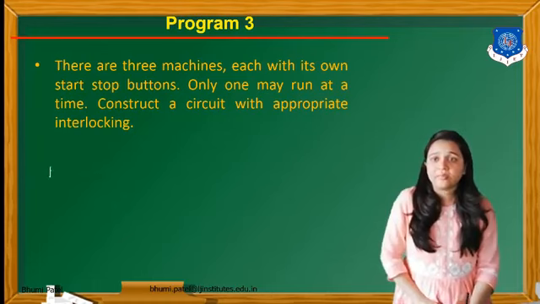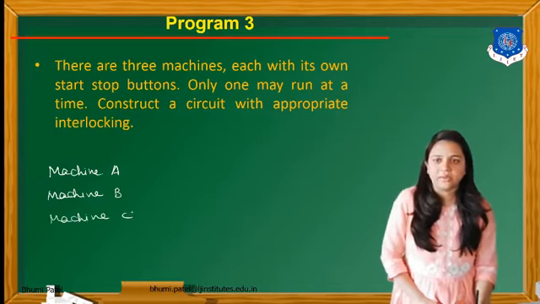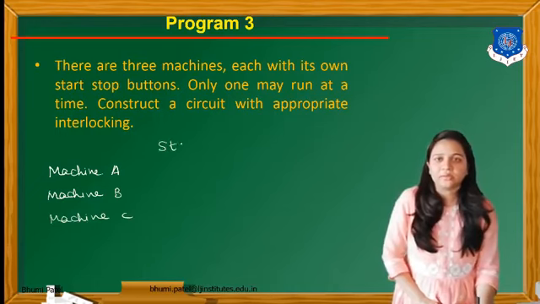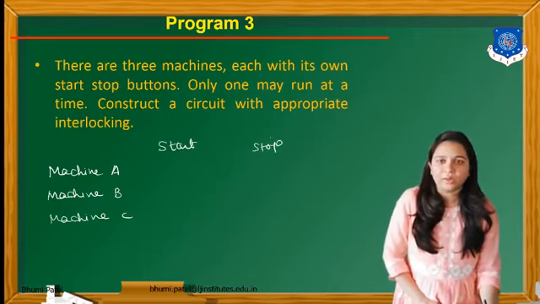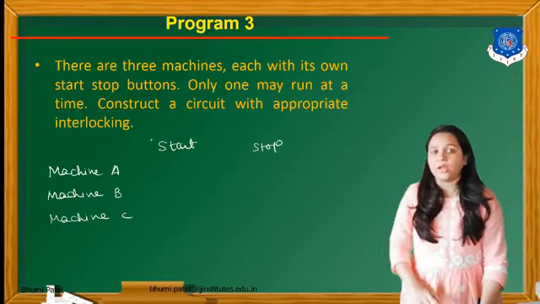So the machine names are machine A, machine B and machine C. Now machine A has a start button and a stop button. Here they say each with its own start and stop button.